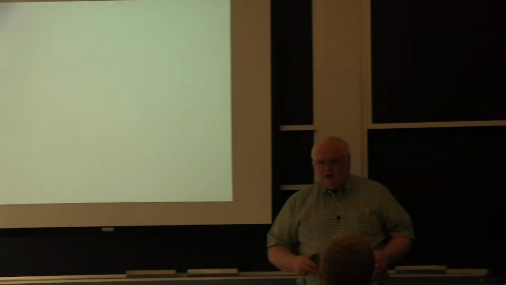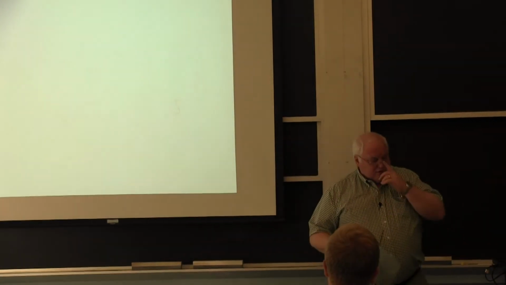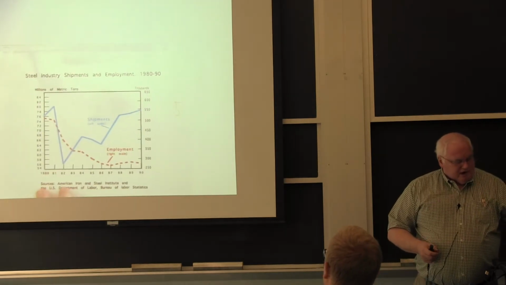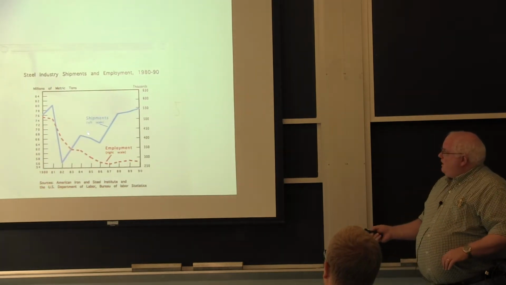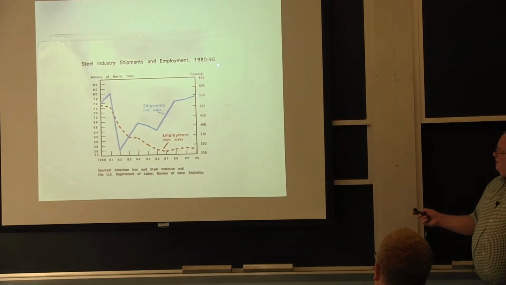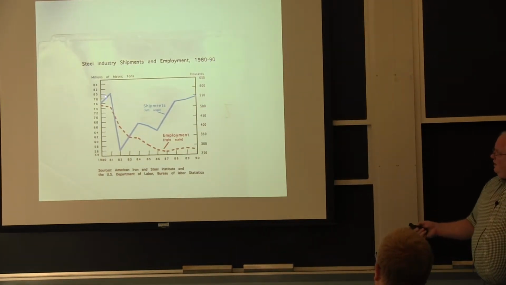Well, in 1980, we had our second energy crisis of the modern era. 72 was the first oil embargo. And then they had an energy crisis around 78 or 79. And it turns out this is the production of steel in the 1980s in the United States. Millions of metric tons.